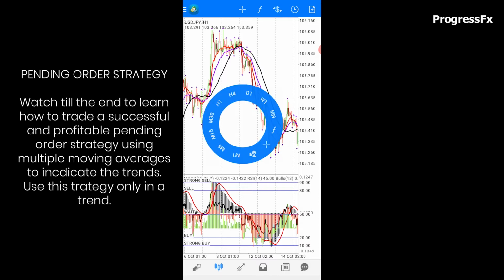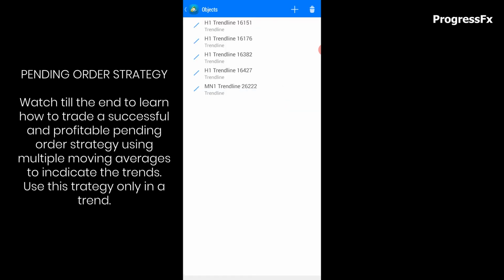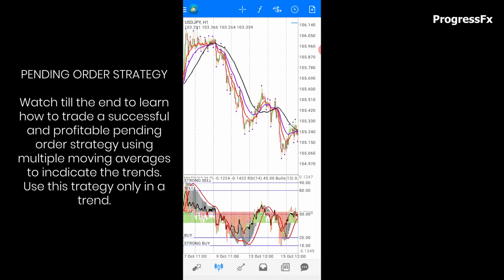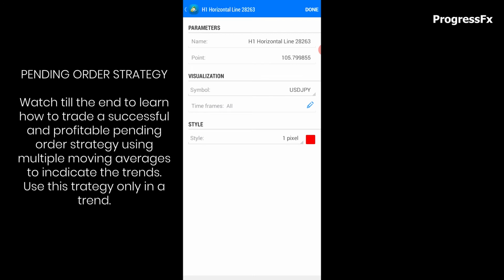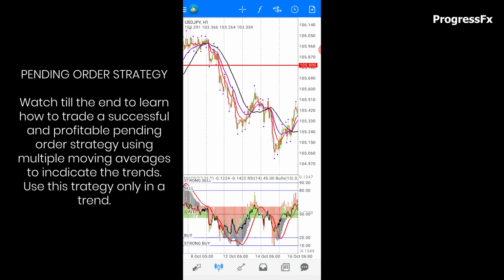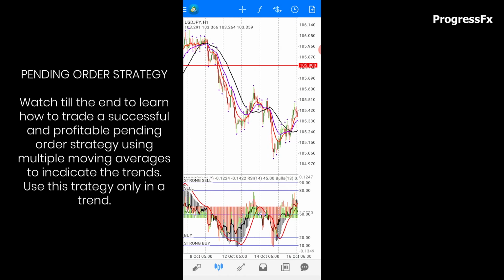So what we do, you go and select a horizontal line and apply it where the market closed the previous day. Let me widen this. You saw what I did, you can as well do so that the line will be obvious.